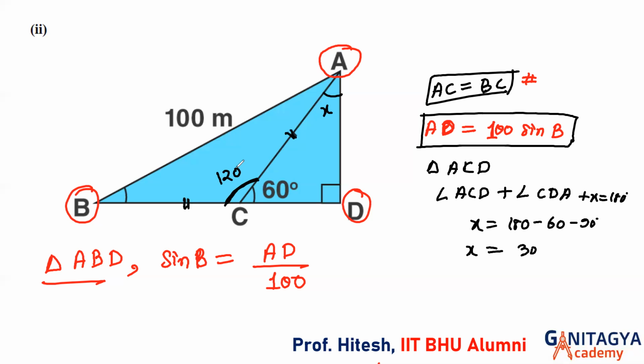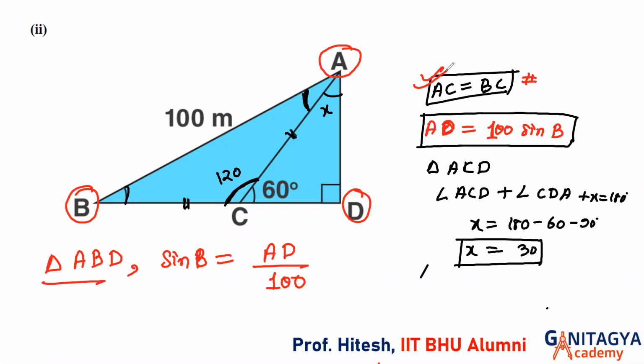Okay, write it down. So x equal to 30. Now this angle is 120. So you can say that angle, let me write it here. Now it will be useful.